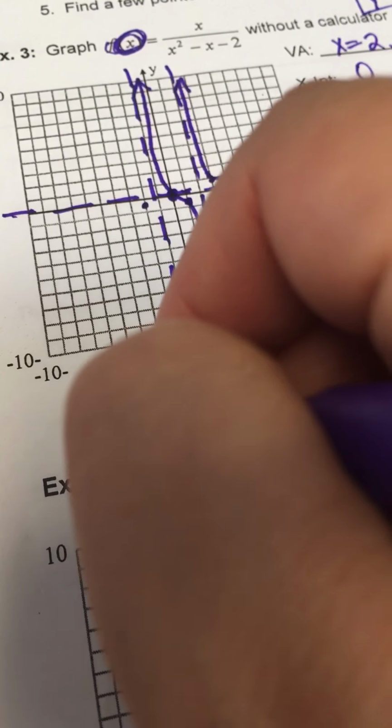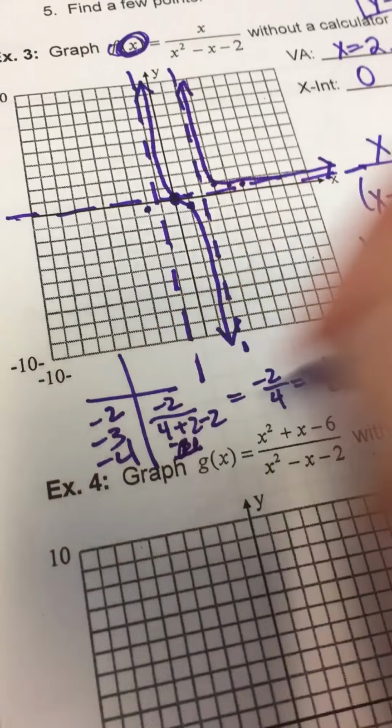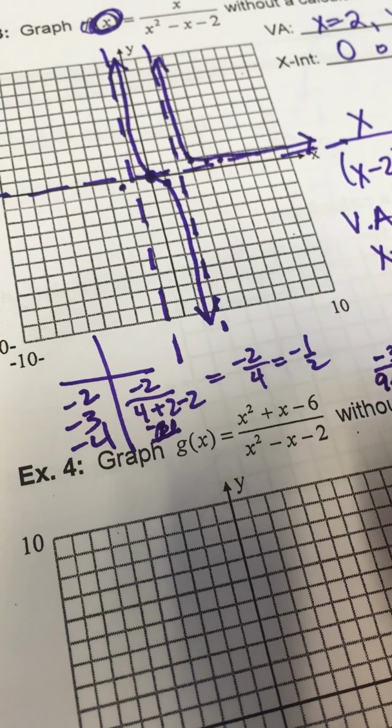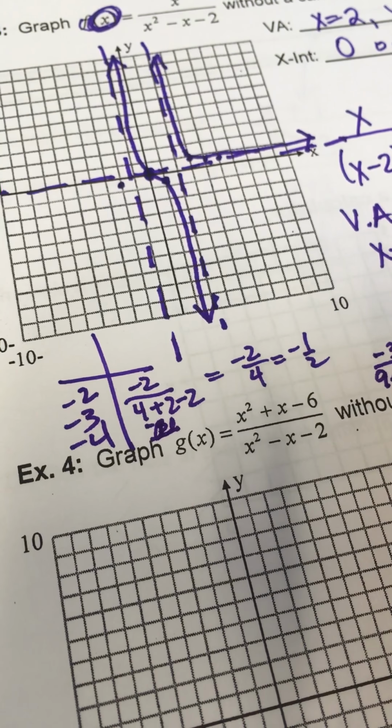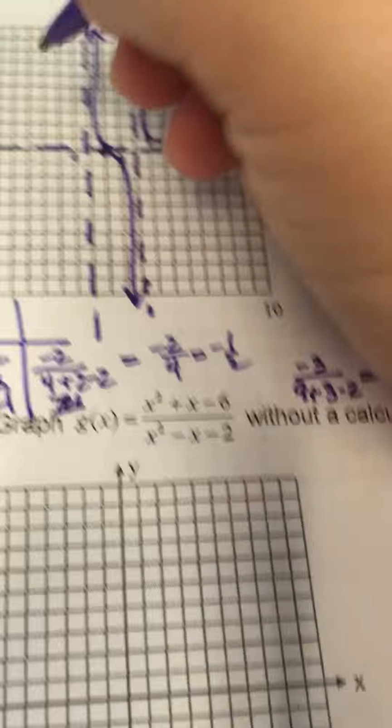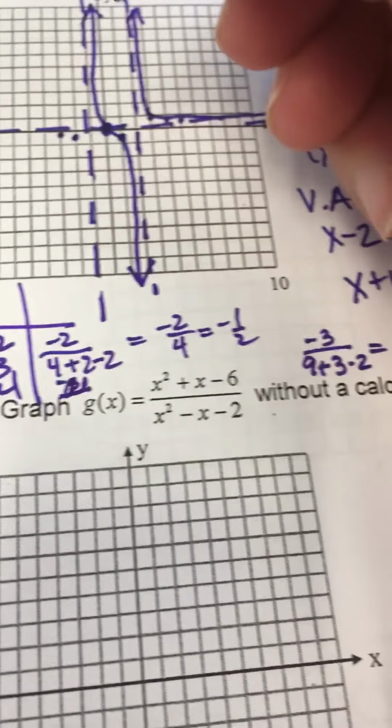Negative 3 is going to be negative 3 over, I ran out of space again. Negative 3 over 9 plus 3 minus 2. Negative 3 over 12 minus 2 is 10. Negative 3/10.